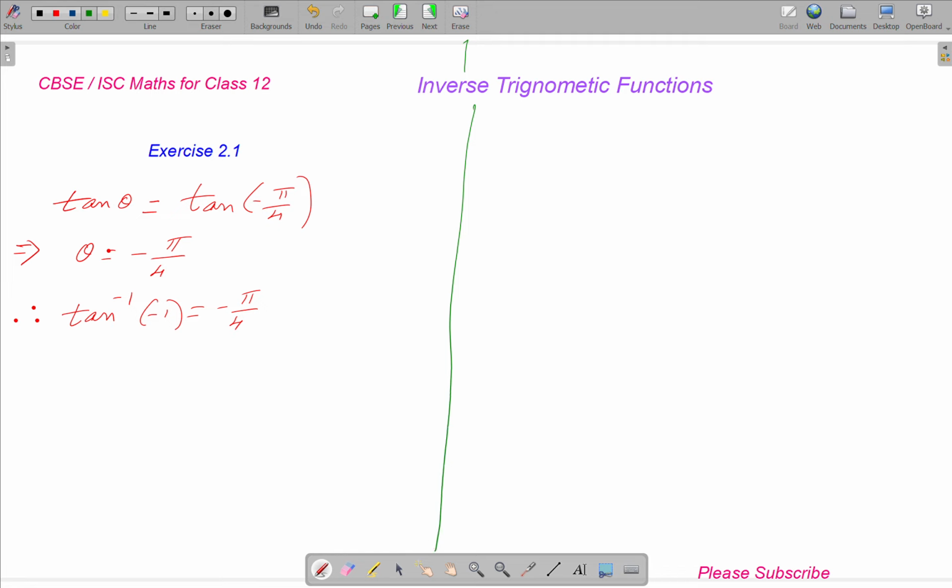Now, question number 7. Sec inverse 2 by root 3. Let sec inverse 2 by root 3 is equal to theta.